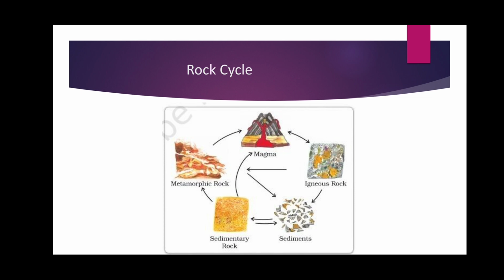So, see in the picture, the magma is coming out and the lava gets cooled down. Then it forms the igneous rocks. The same igneous rocks are broken into small pieces to form sediments. This forms the sedimentary rocks.